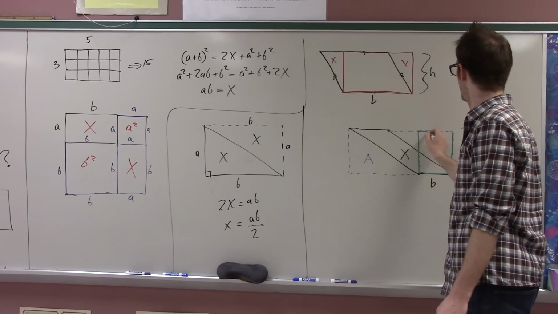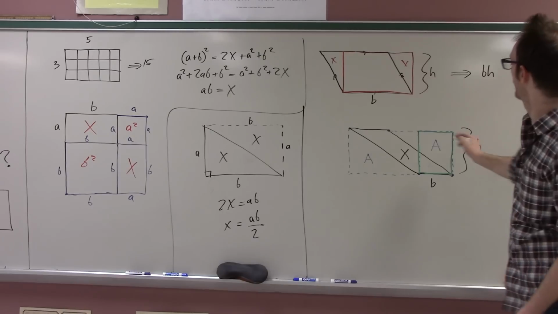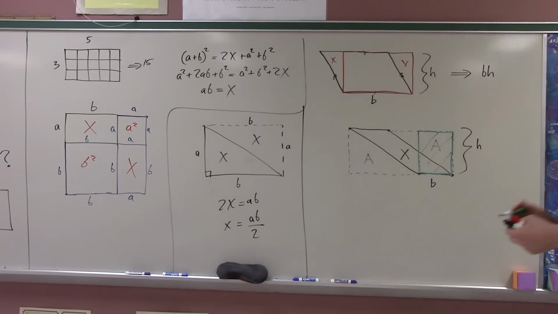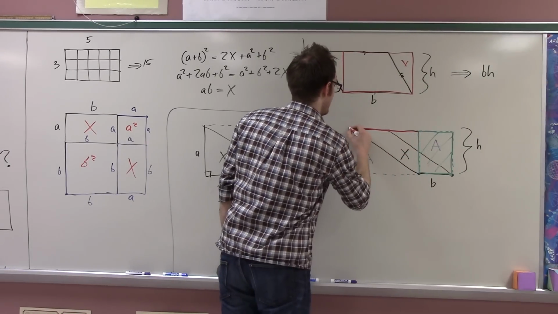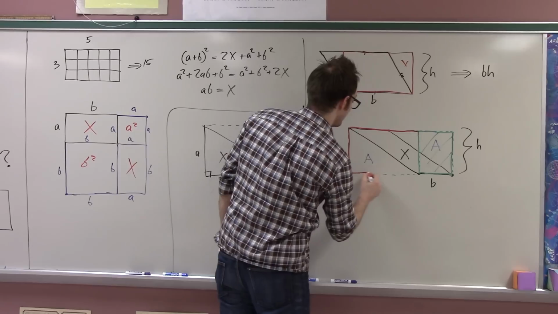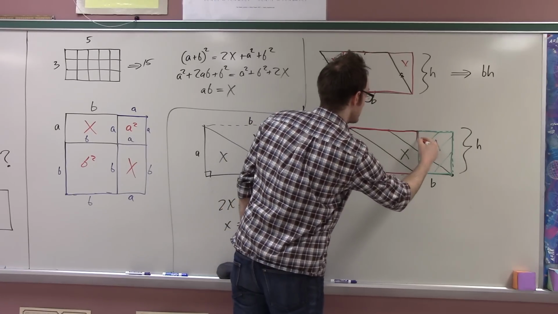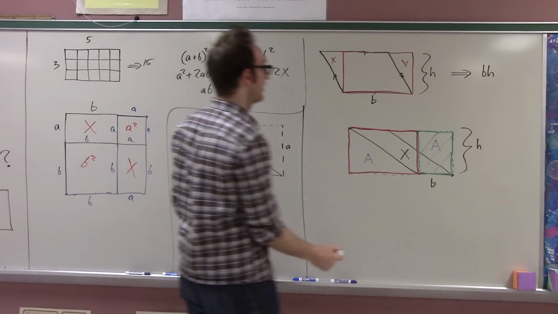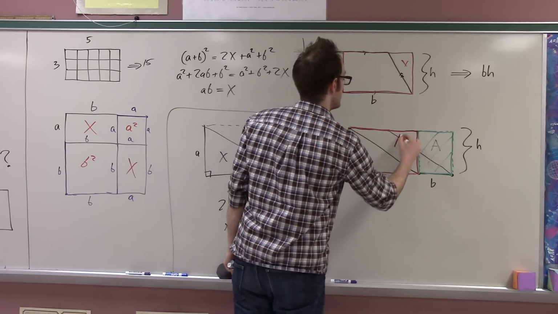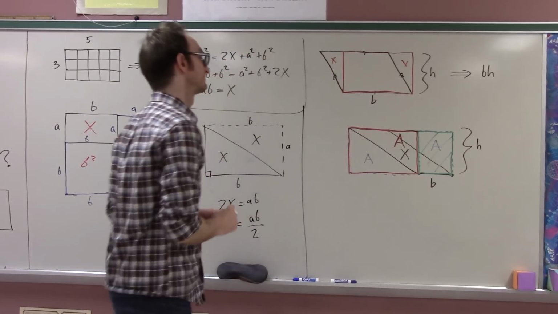And in this different partition, what we have is this green rectangle and a red rectangle. And indeed, what we find is that the red rectangle is composed of an A and another A.